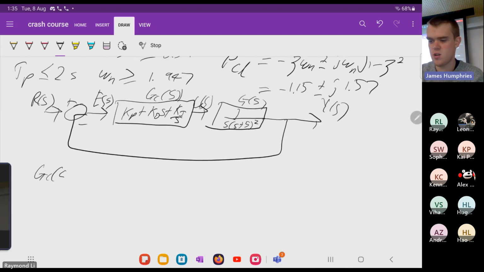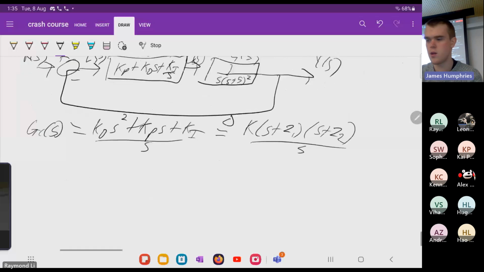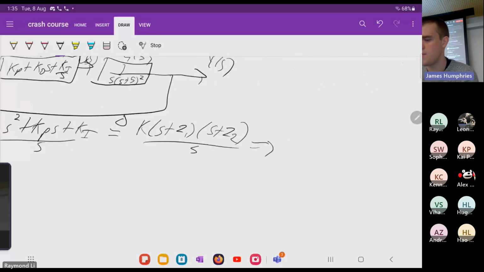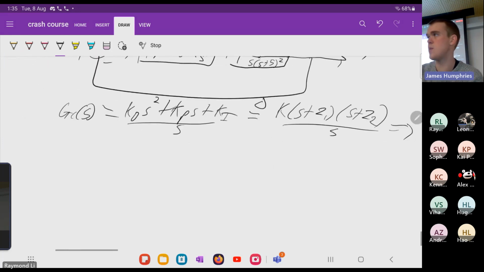So then GC of S is just going to become KDS squared plus KPS plus KI all on S. And that is equivalent to K of S plus Z1, S plus Z2, all on S. If we expand that, it will be of the form K of S squared plus Z1 plus Z2, S plus Z1 Z2, all on S. That makes sense?